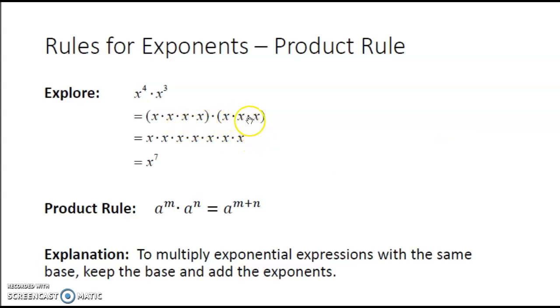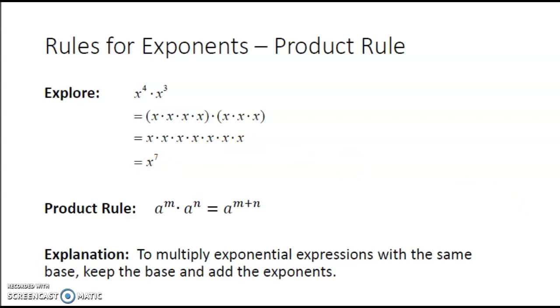But in this case, we're just applying the associative property, removing the parentheses and writing it as one group. Since it is all multiplication and the base is still x, we can rewrite that in exponential form as x to the 7th power. So instead of taking these two steps in between, we can go immediately from the product, x to the 4th times x to the 3rd, to the actual value, x to the 7th power.